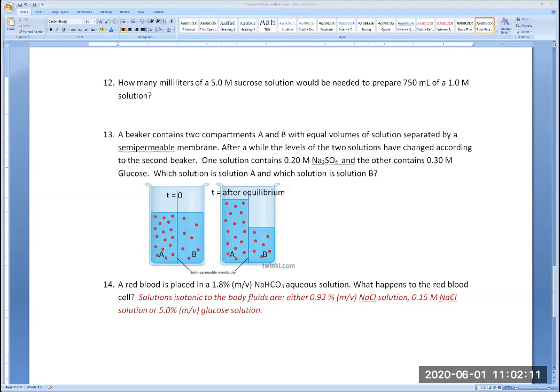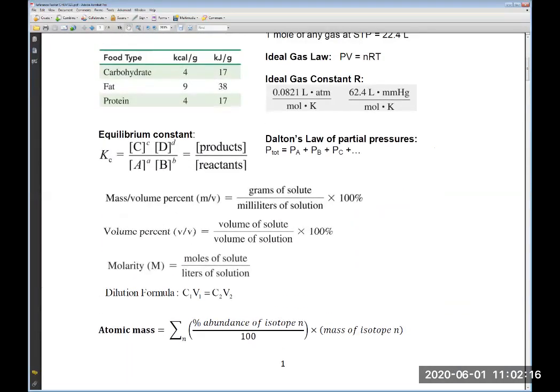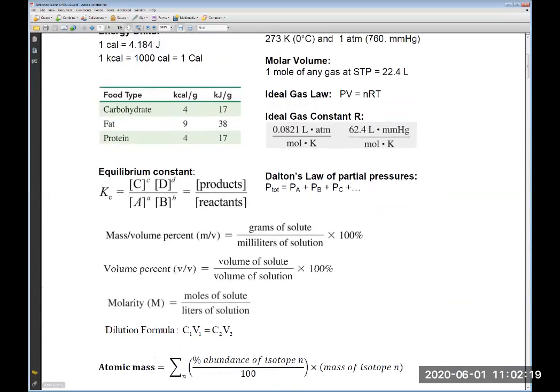And let's go back to the reference here because we have a dilution formula. Page 1 of the reference packet, you have the dilution formula that says C1 times V1 equals C2 times V2. Very important formula here. The 1 refers to the stock solution or the concentrated solution, and the 2 means the diluted solution, the one that you get from adding solvent and that is now diluted.